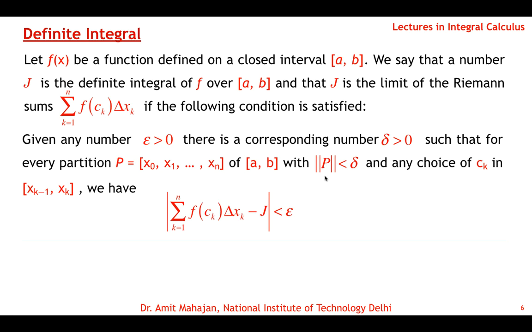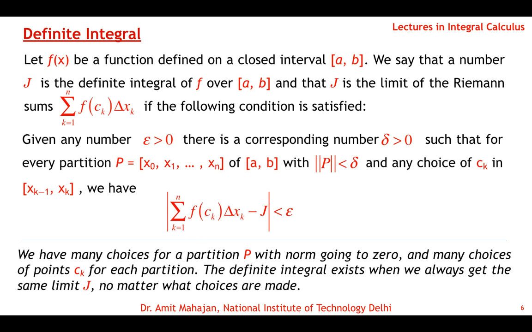And if this is true for whatever partition of the interval we choose, and also for every choice of the points in the subintervals, then we say that J is equal to the limit as n tends to infinity of this Riemann sum, or if subintervals are of different width, then J is equal to the limit as norm P tends to 0 of this Riemann sum.